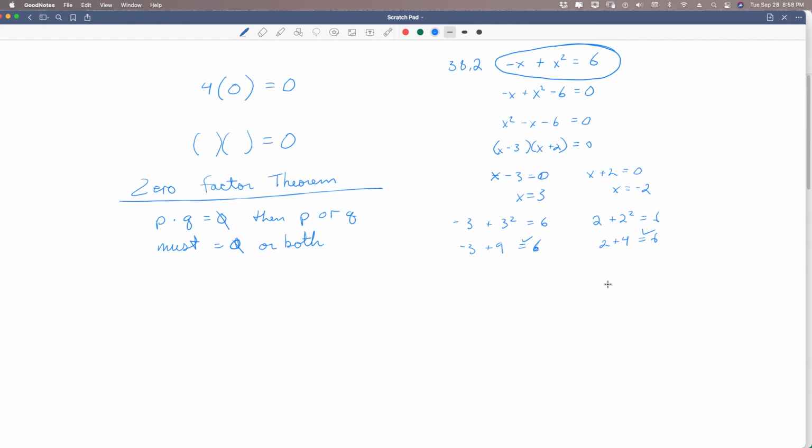So both of these are correct. So x equals 3 and negative 2. Note that is the solution set for that problem.